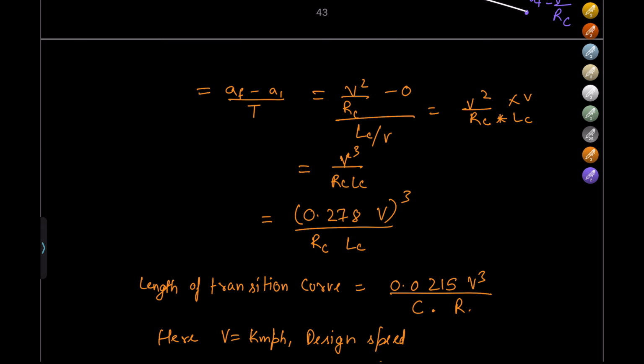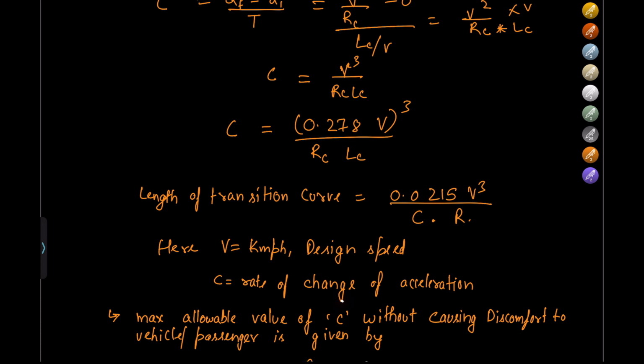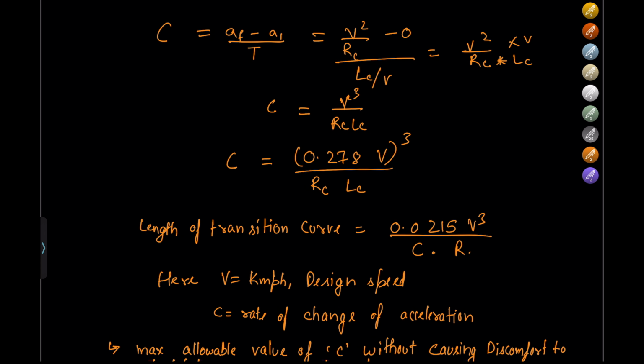Here we have not written C is equal to this. C is also equal to this. So this equation gets transformed: LC goes to this side and C comes to this side by cross multiplication. So we get the value of 0.0215 V cube upon C multiplied by R. C is the rate of change of acceleration. C is also limited by the value it can have.